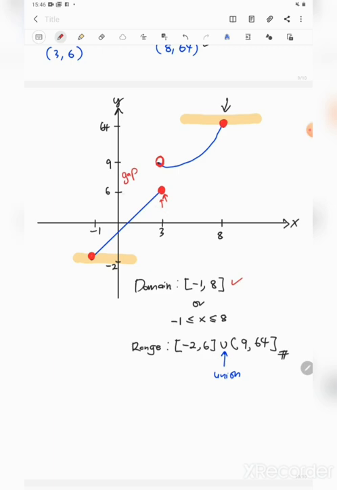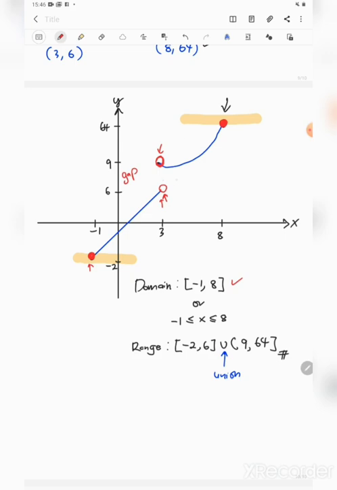Meaning that we can just continue from -1 to 8 because one is close and the other is open. Let's say this graph is open for both, so we have a gap between these two, meaning that you have to use brackets.